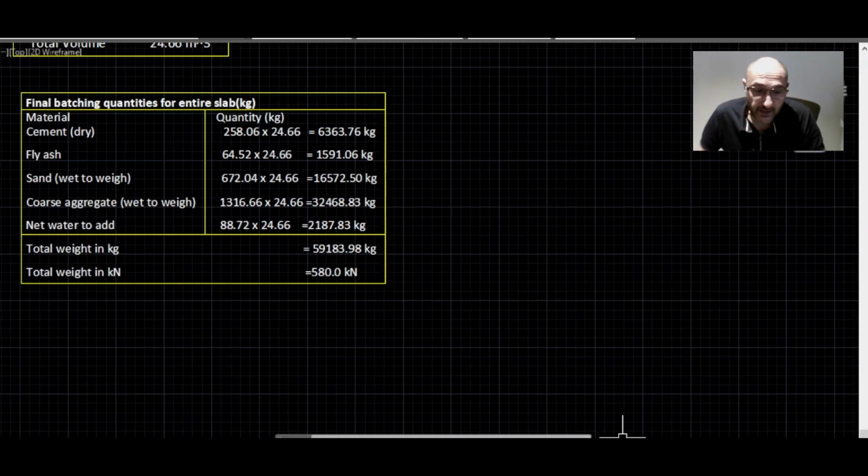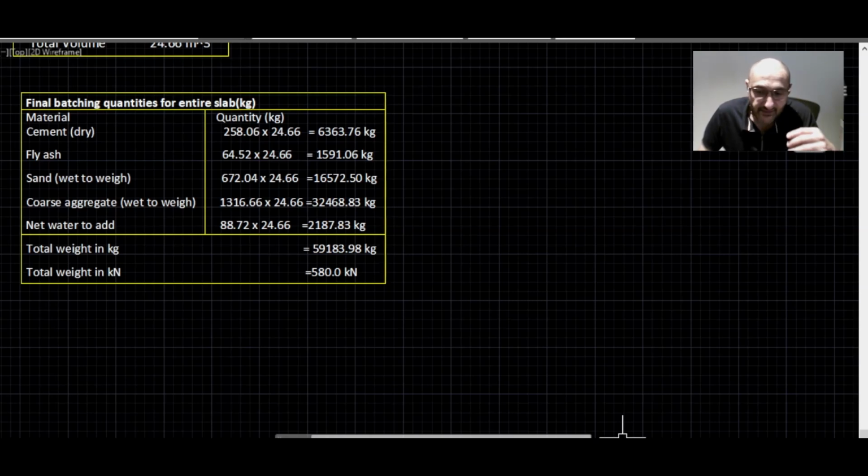We could also work out the costing of the concrete materials alone. So how much is concrete these days? I know here in Australia, particularly Victoria, we might be paying somewhere between $300 and maybe $400 per meter cubed. For 20 MPa, you'd be looking at 350 at least per meter cubed.